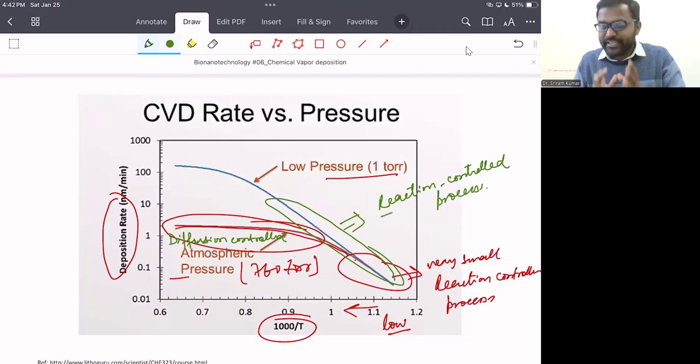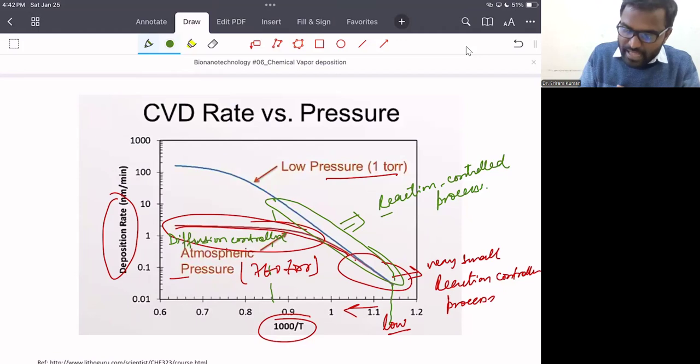So we have the reaction control process over a large temperature range. At low pressure, from very high to almost intermediate temperature we have the reaction control process, and after that we have the diffusion control process.